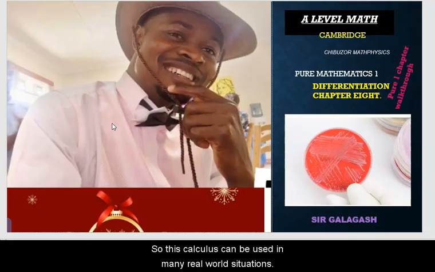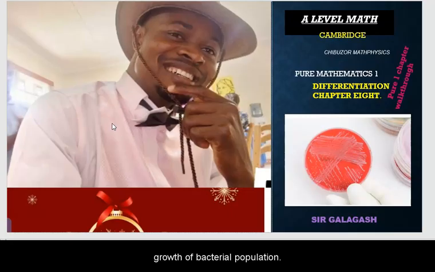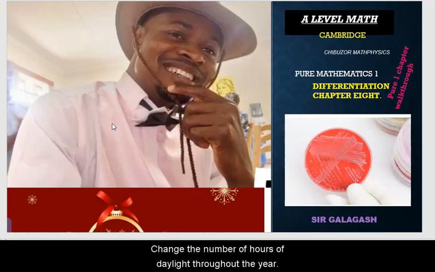So this calculus can be used in many real-world situations, and scientists use differentiation to analyze the growth of bacterial population change, the number of hours of daylight throughout the year, and this is another concept that we studied in physics under radioactivity and in chemistry under radioactive decay.